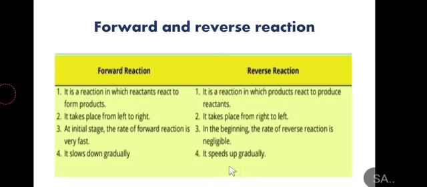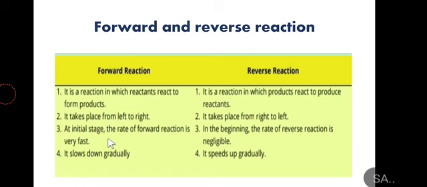So here you can see the difference between the forward reaction and the reverse reaction. Forward reaction is a reaction in which reactants react to form products. However, in reverse reaction, products react to produce reactants, and both of them are dependent on certain conditions. Forward reactions take place from left to right, while reverse reactions take place from right to left.